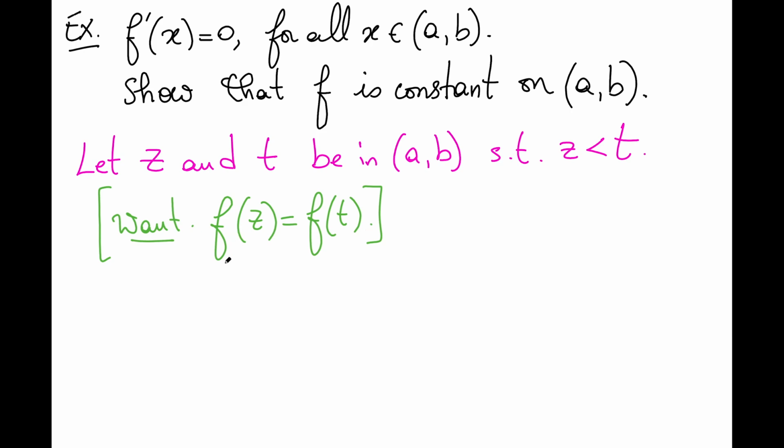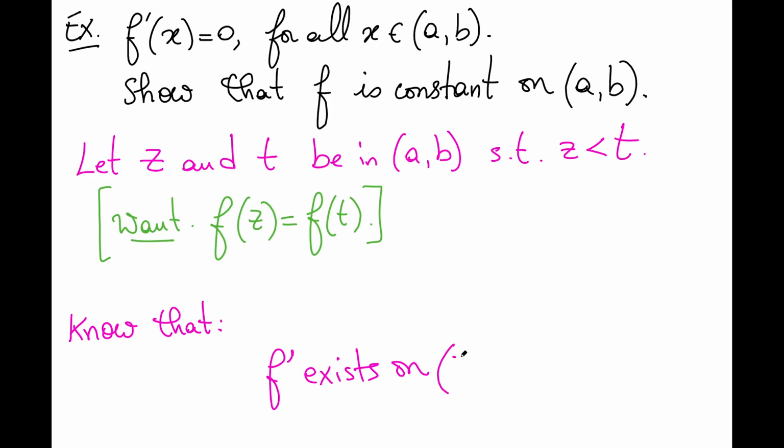Let's show it. So you know that f prime is 0, so you know that f prime exists on AB, right? So we know f prime exists on AB. This is what we're given, right? And if it exists on AB, then it's going to exist on ZT. Why?